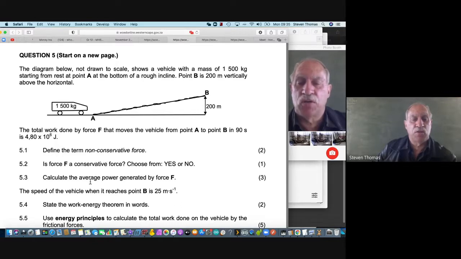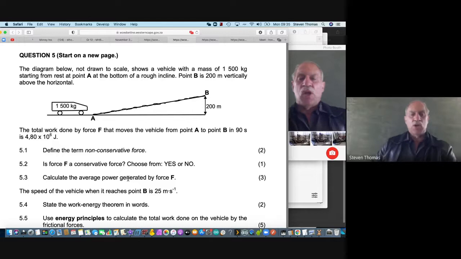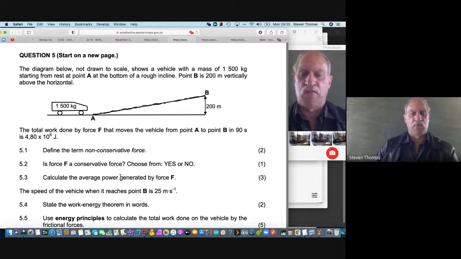Calculate the average power generated by force F. How are we going to work out the average power generated by force F? Well, how much work is done in moving from point A to point B? It says the total work done by force F that moves the vehicle from A to B in 90 seconds is that amount of work.